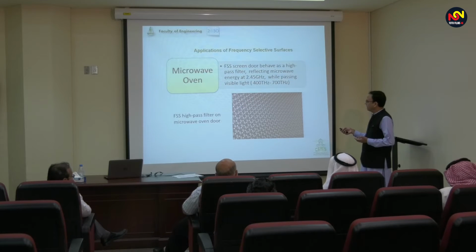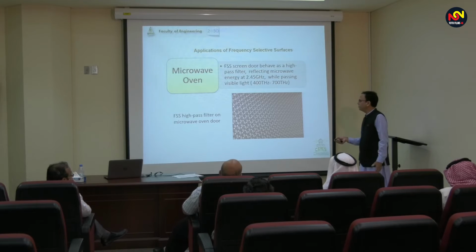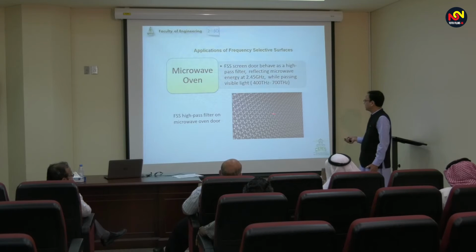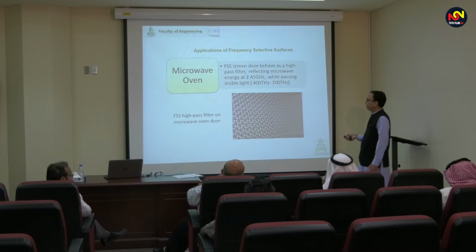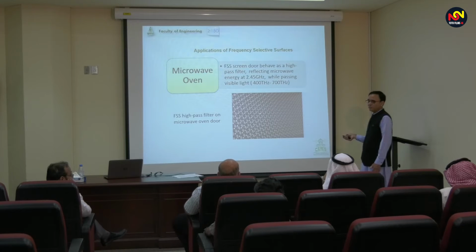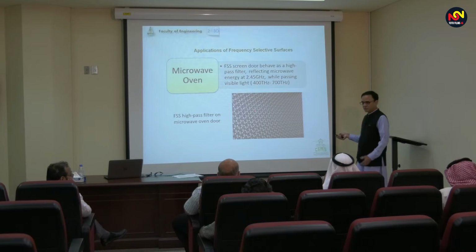Now, to give you an example of a frequency selective surface, have you seen the screen of your microwave oven in the kitchen? If you look at the screen, you will see this funny structure there. This is an FSS. If this frequency selective surface is not there, this 2.45 gigahertz will come out and burn your face.